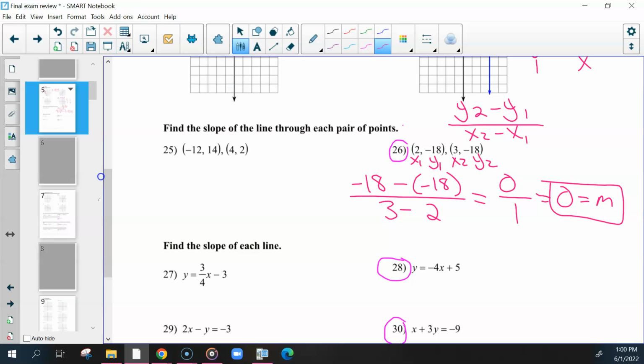Another way we could have figured that out is these 2 points share the same y value. That means they have to fall along the same line. And if they fall along the same horizontal line, that would be a y equals where your slope is 0. Questions on that one?